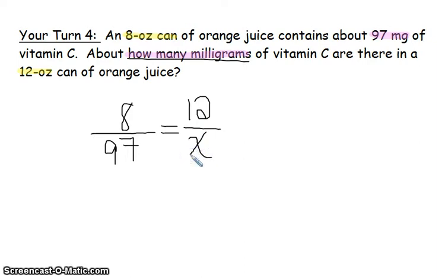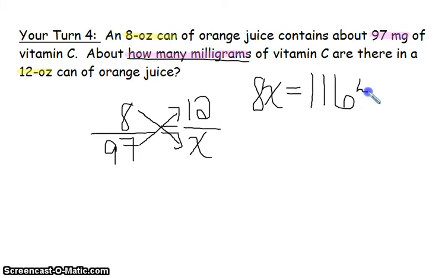Same type of problem as the last example. Very simple. Use cross multiplication. 8 times x gives me 8x. And cross multiply the other direction. 97 times 12 gives you 1,164. Simple one-step equation: the inverse of multiplying by 8 is dividing by 8.